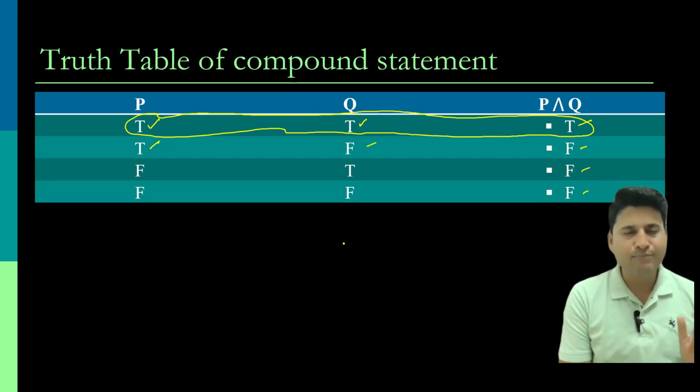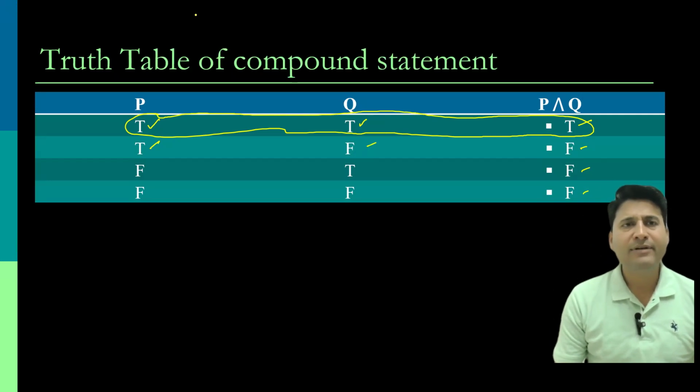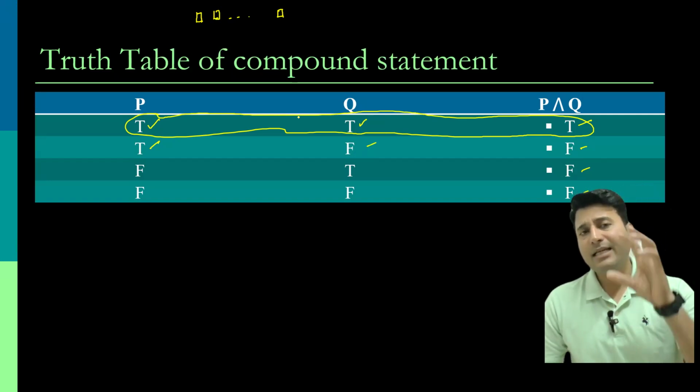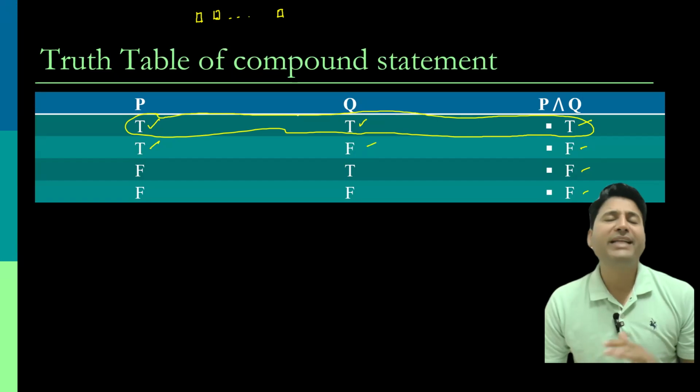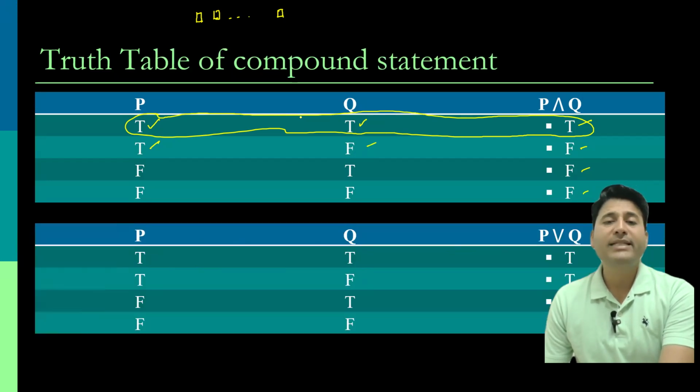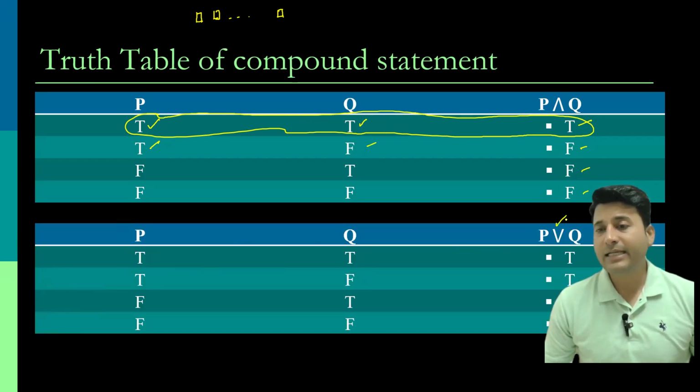If we have n number of switches, this is one switch, this is another switch, and we have such n switches. And we want the circuit to work if any of them is on. That can be done by using the OR connective.